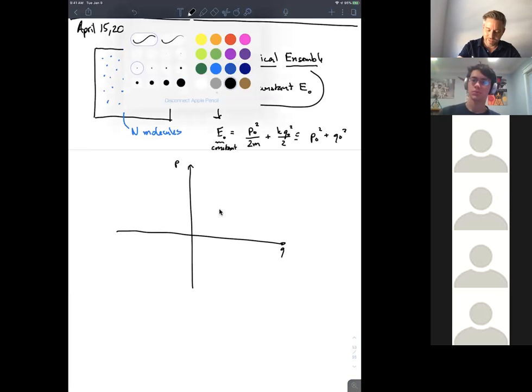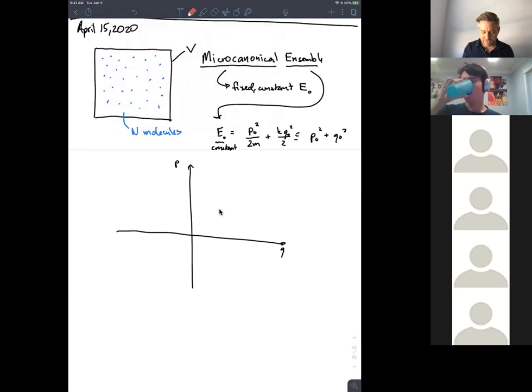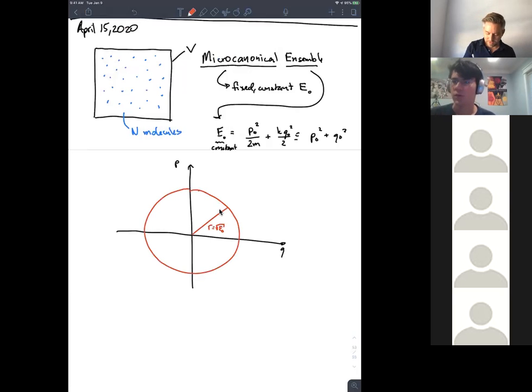All of the possible combinations of P and Q that will give you this constant energy E live on a circle in this phase space that has a constant radius equal to the square root of the energy value we're interested in. So what we're interested in doing is counting the number of possible states that live on this circle.